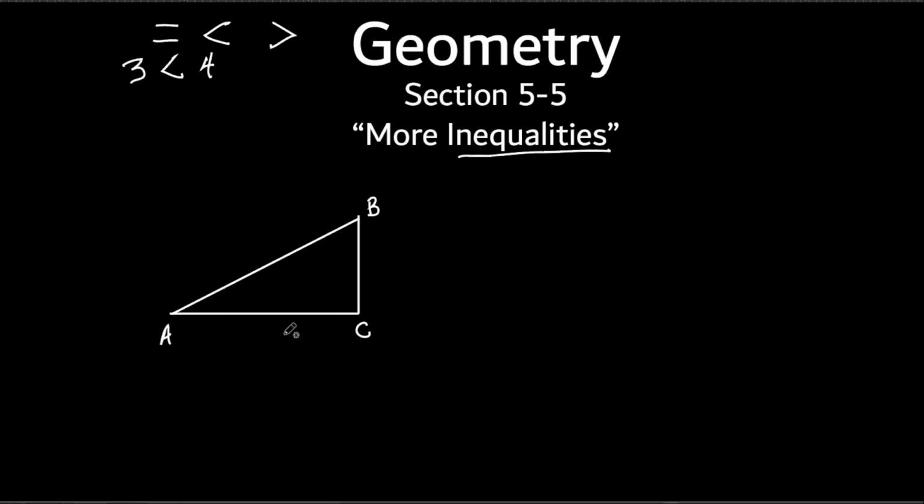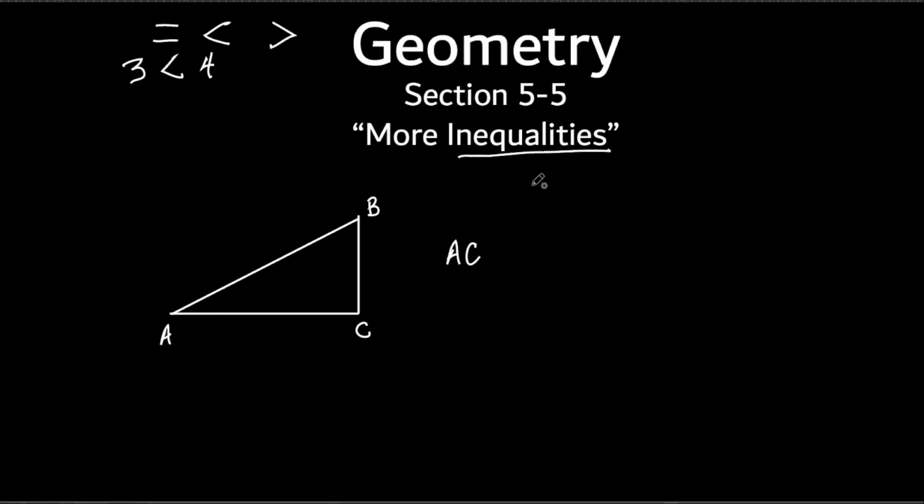Sure. Okay, now let's take a look at this. With that said, the whole reason I went through that is because of this. If I took AC, now what if I just put AC and I didn't put anything over top of it? What does that mean? We've talked about this a lot. It doesn't just mean line segment. It means the distance, the length of AC. Everybody with me?